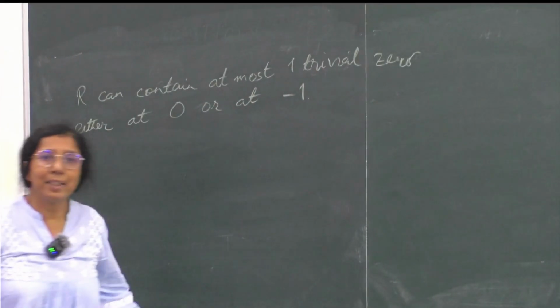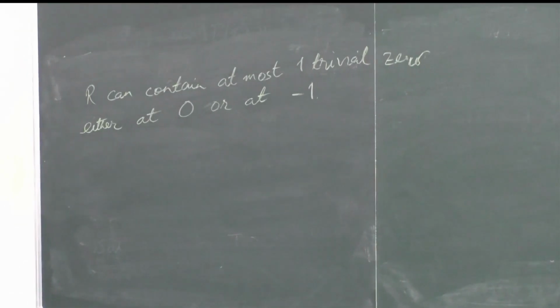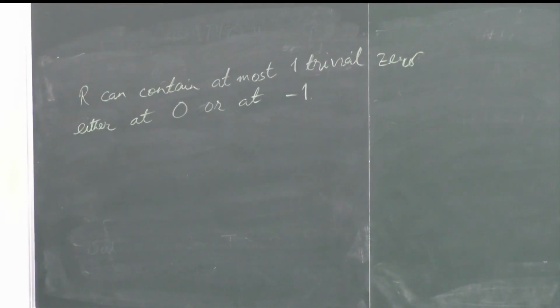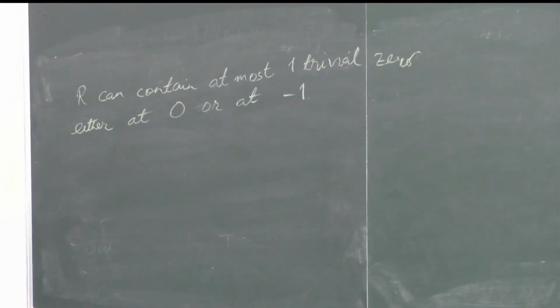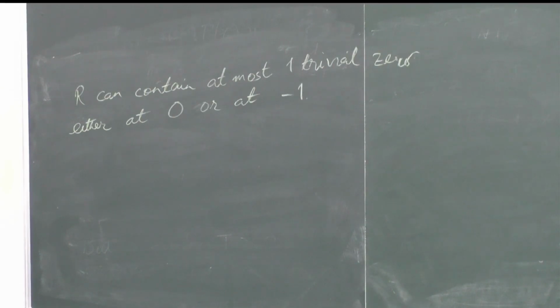Is it clear why there will be at most one trivial zero in this? I mean, where are the trivial zeros of chi primitive? So where are the trivial zeros?